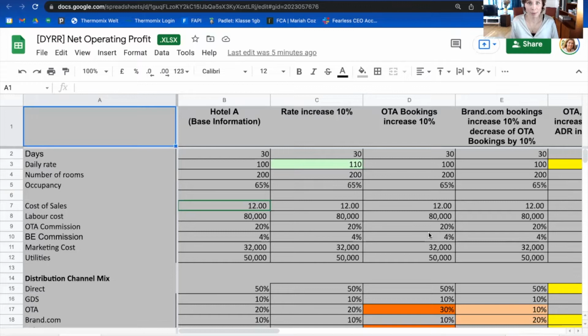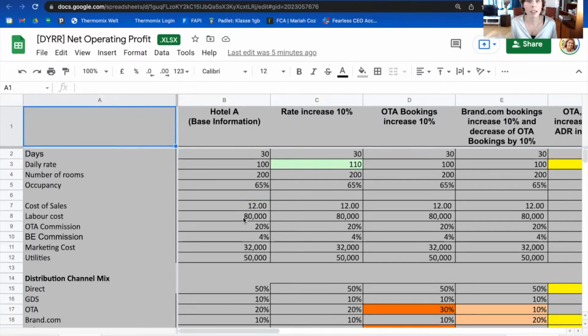I have also the information for a good calculation of net operating profit. We need to know what is the cost of sale. So it means what is the fixed cost of our room to be sold. In this case, it is 12 euro.